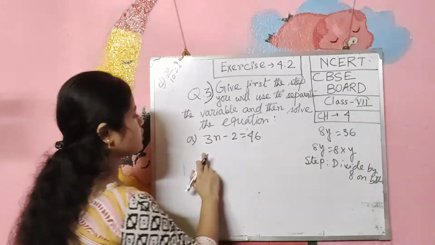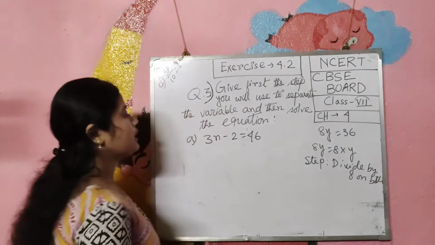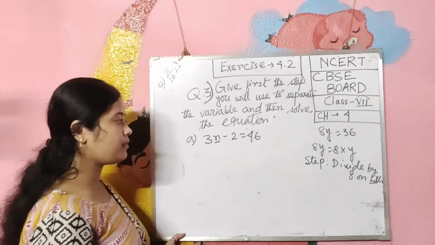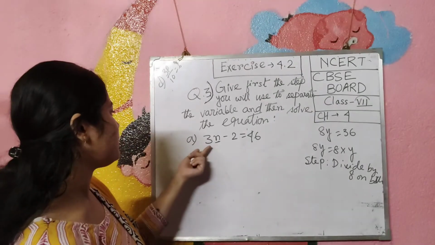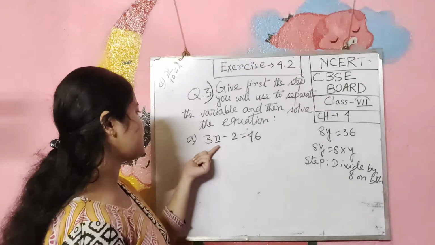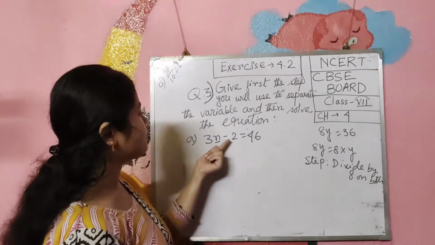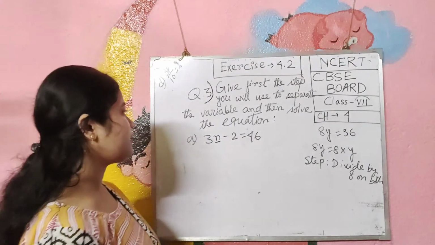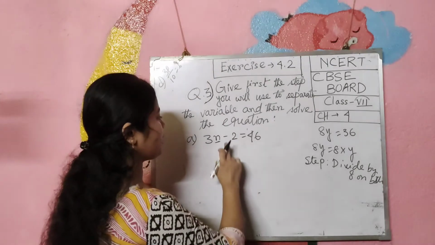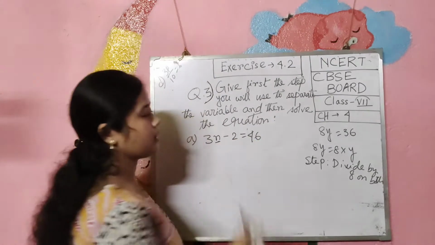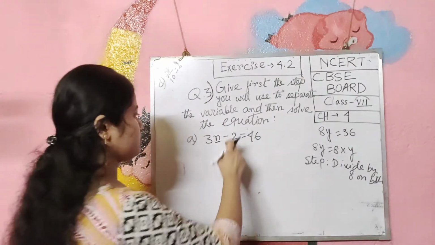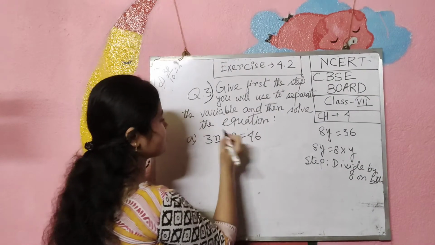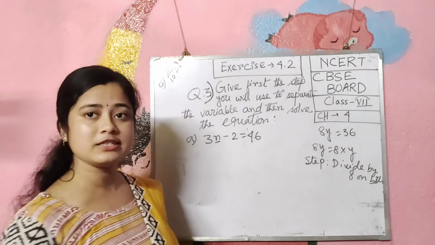See, the same process I will use to solve this equation. In this equation, n is the variable. With the variable there are many things: 3 multiplied by the variable and also minus 2. To separate the variable, at first there is a subtraction of 2, so I will clear this part first. That is minus 2. What is the opposite sign of minus? That is addition.